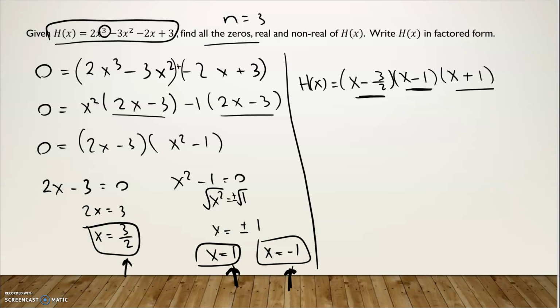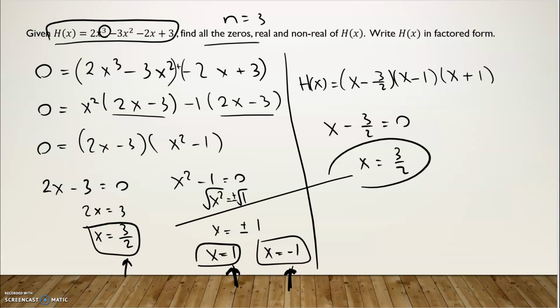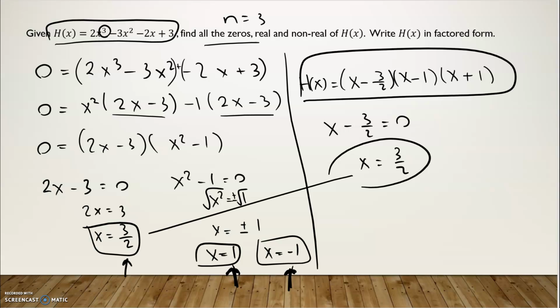This one was a negative, it's positive over here. So you change the sign when you put it back into factored form. Because when you're trying to find the zeros, you would take this right here and set it equal to 0 and solve for x, and hey, you get back this right here. Okay, so this is the factored form. All 3 of these would be the zeros of that polynomial.